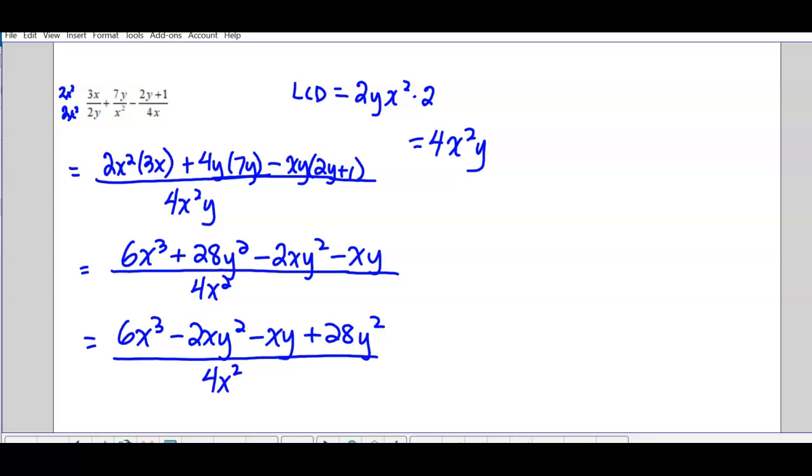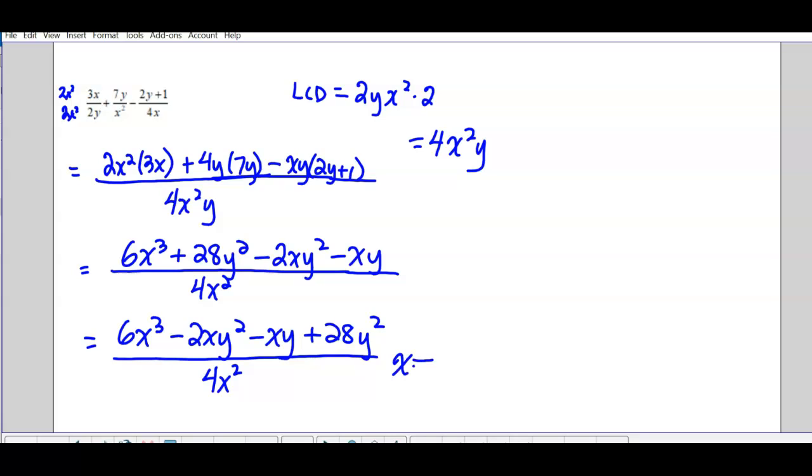You should check for any common factors that will divide out with the denominator. If there's a common factor of 3, it doesn't really matter because you can't simplify it. But look for, are they all even? Close, but this is 1. So there's nothing to do there. Is there x in all of them? Close, this doesn't have it. So that's as far as you can go.